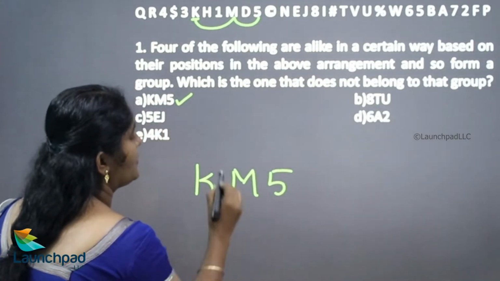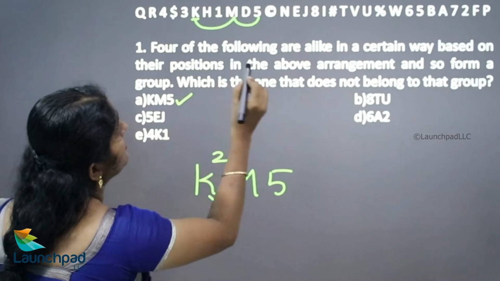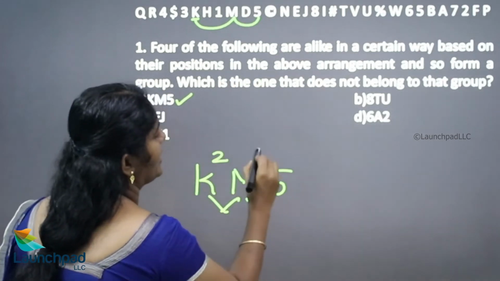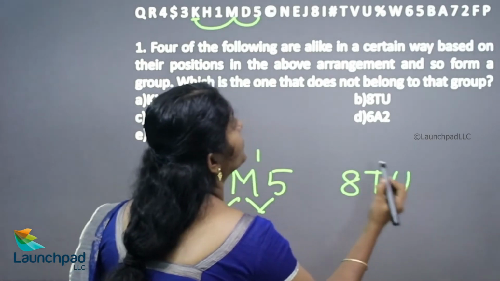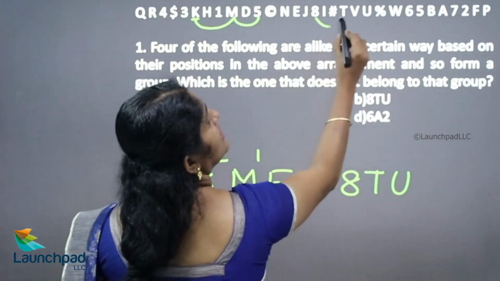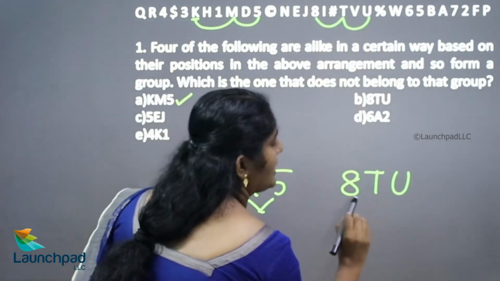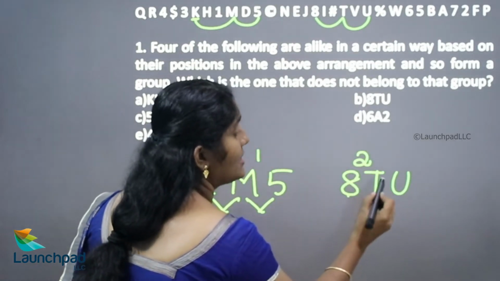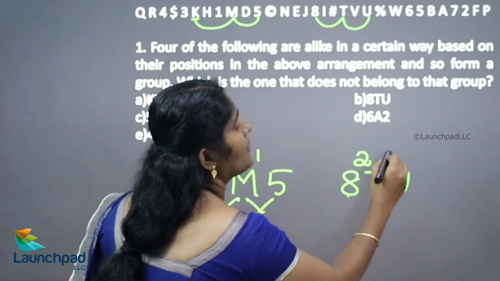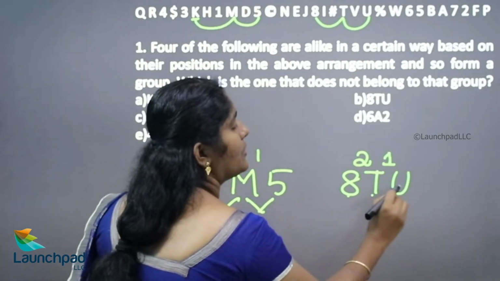K and M have two letters in between, and M and 5 have one letter in between. 8TU. Similarly, 8 and T have two letters skipped between them. Similarly, T and U have one letter between them.